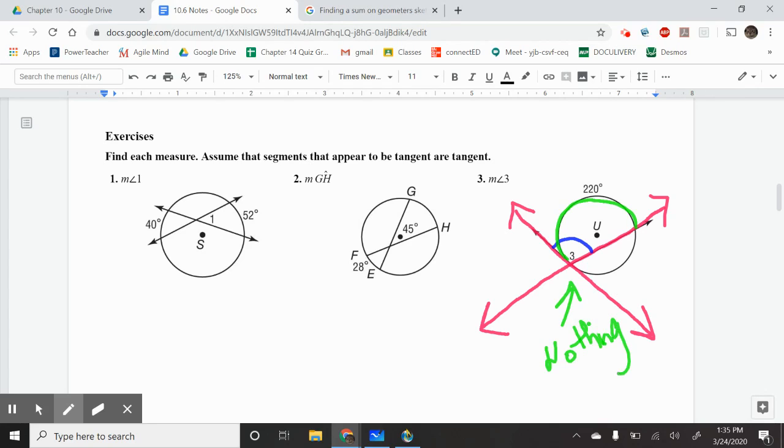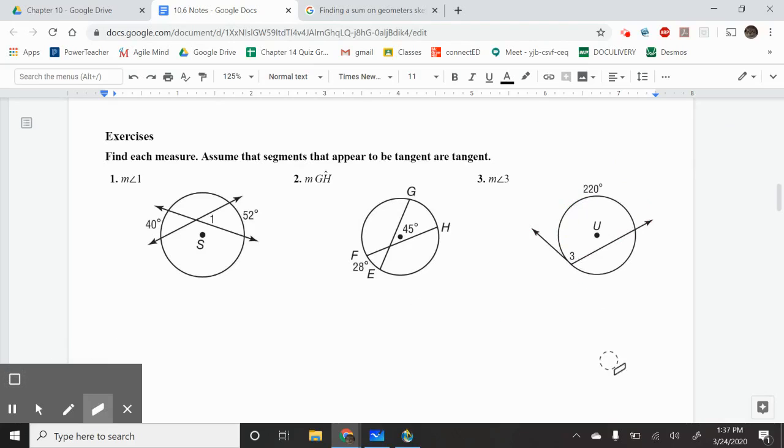So there is no arc here. So really, essentially, what we have is 220 degrees plus nothing is equal to 2 times angle 3, which we'll call x. So 220 is equal to 2x, and therefore x is equal to 110 degrees.